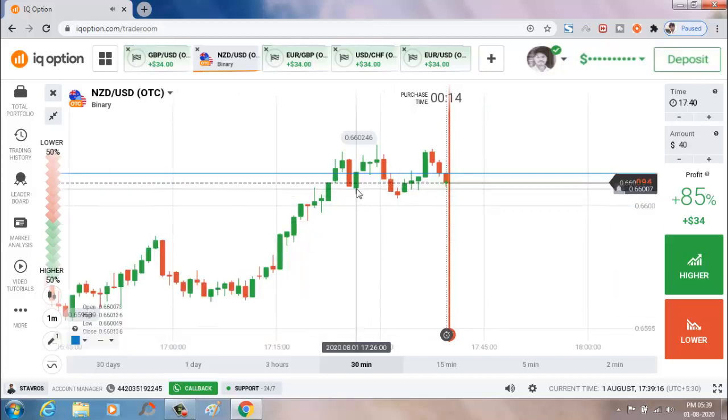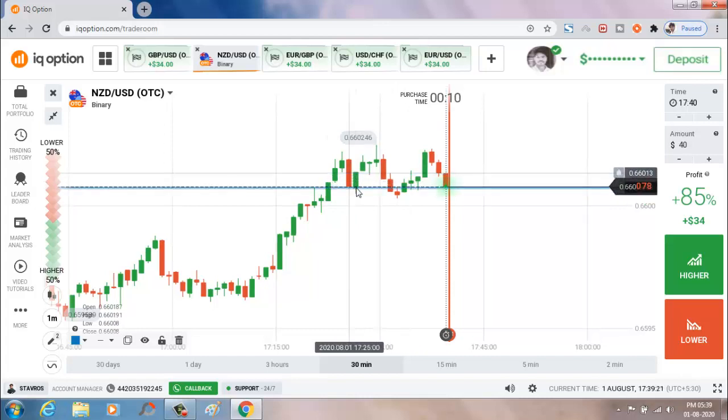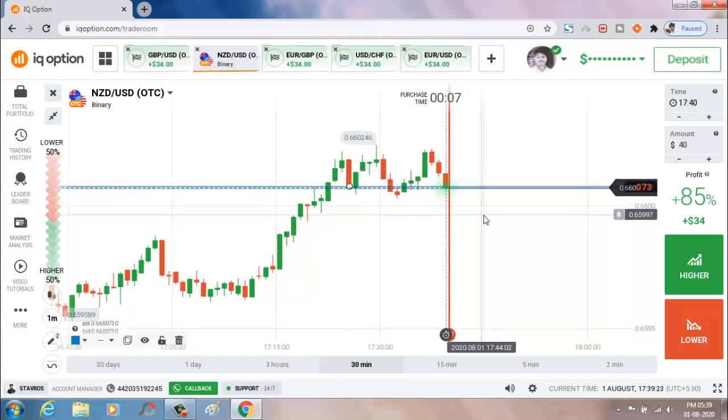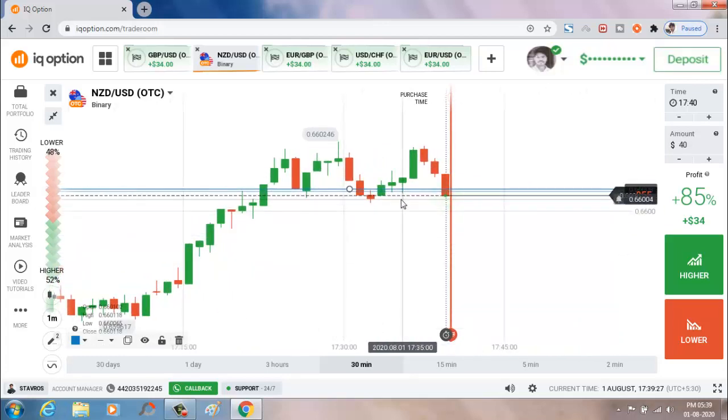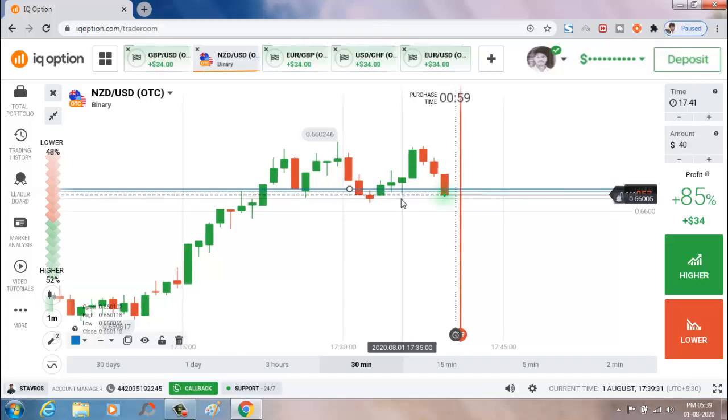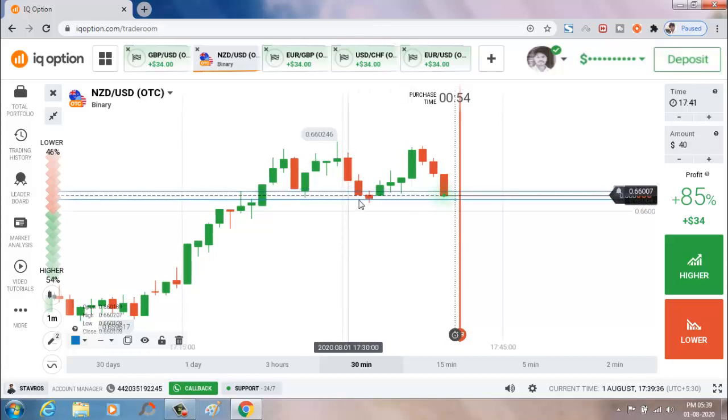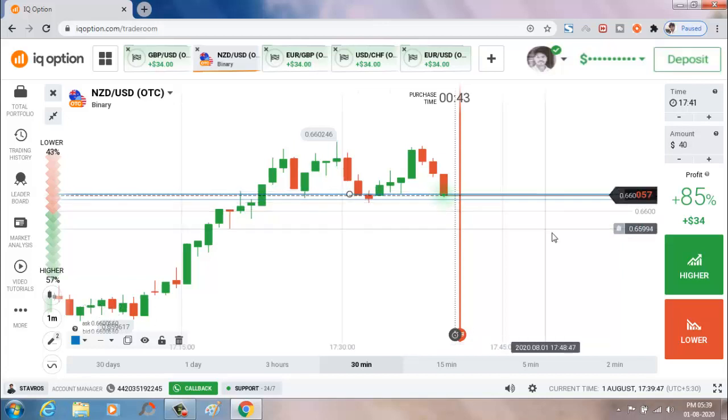And there is a buyer's area. So okay, this is a buyer's area.